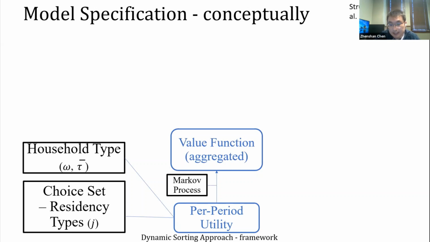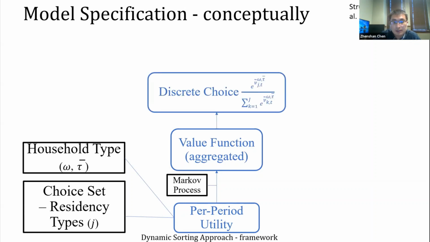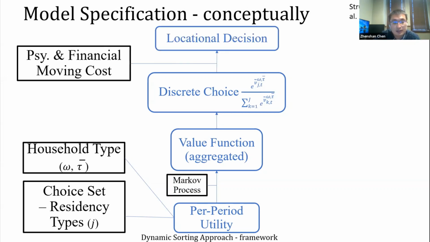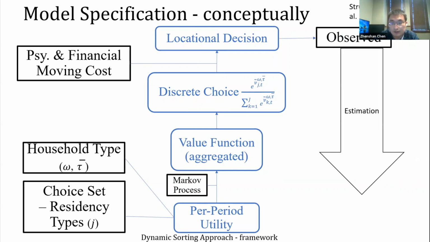Then they will aggregate that into a value function or net present value, so they can get their lifetime utility for living in a certain residence type. They will make their decision. We specify their decision as a discrete choice model, so we also incorporate the moving cost. So the household finally makes their location decision.